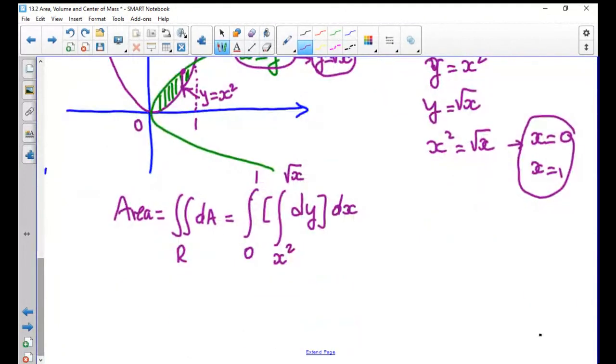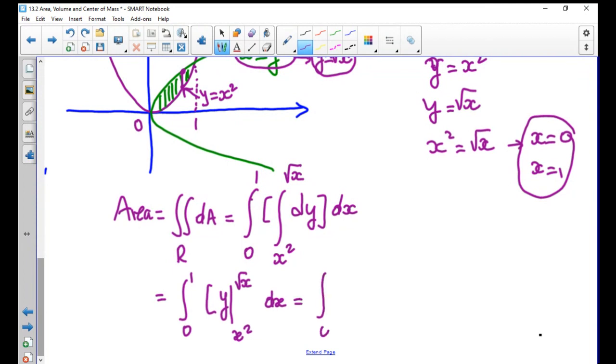That will give you the area that you want. After that, we integrate. So the dy will give you y, just y, from y equal x squared to square root of x dx.